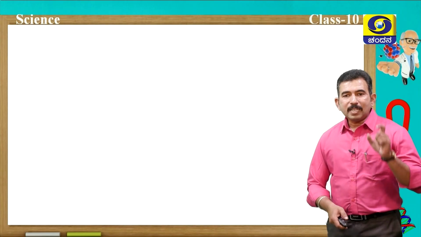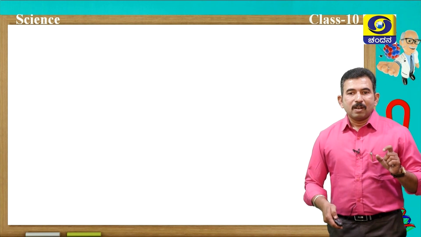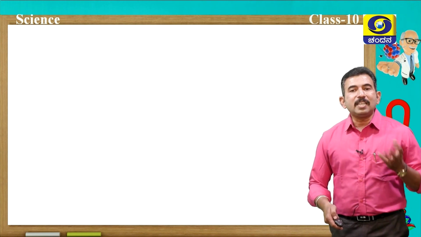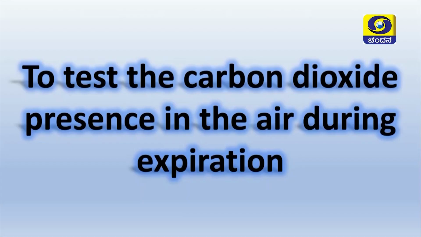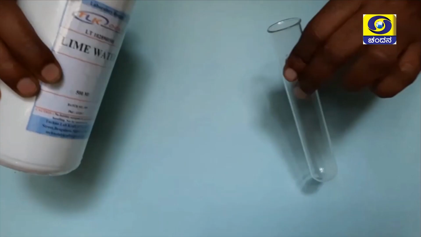Now, let us do a small activity to know the air which we expel out is rich in carbon dioxide. Aim of the experiment: to test the carbon dioxide presence in the air during expiration process. Materials required: lime water, test tube, straw and one holed rubber cork.